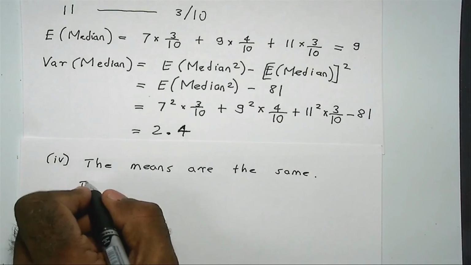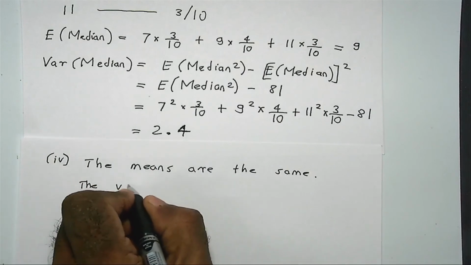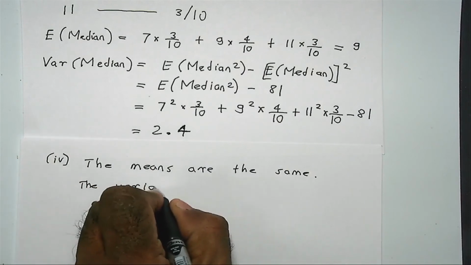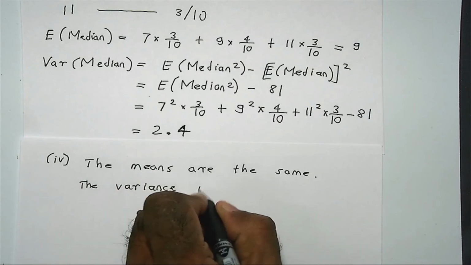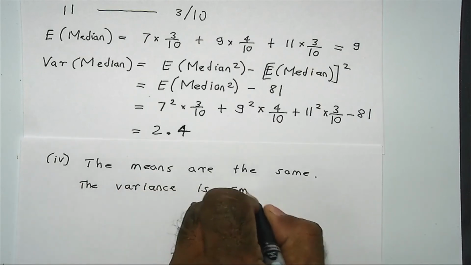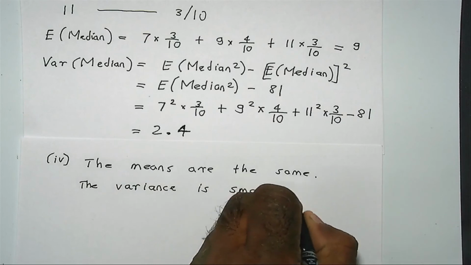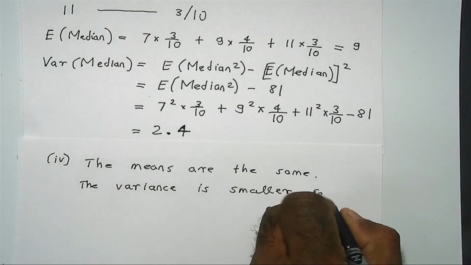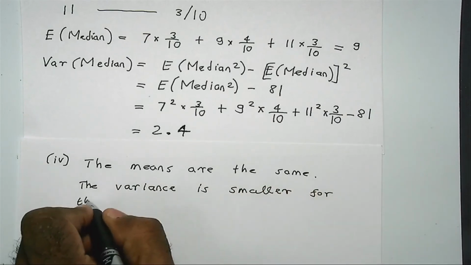So you can say the variance is smaller for the sample median.